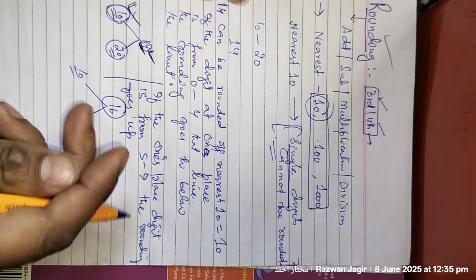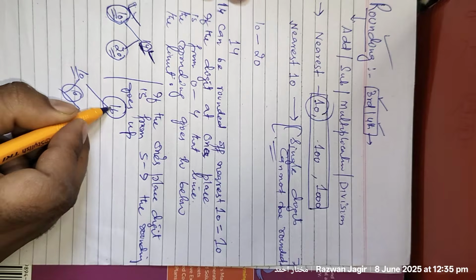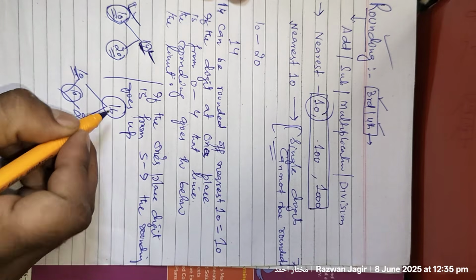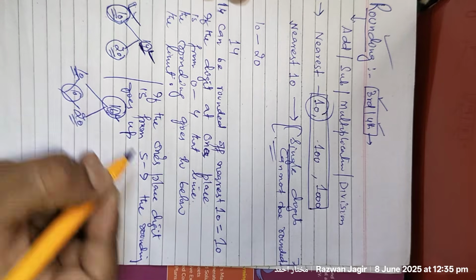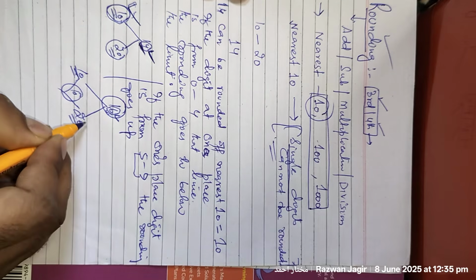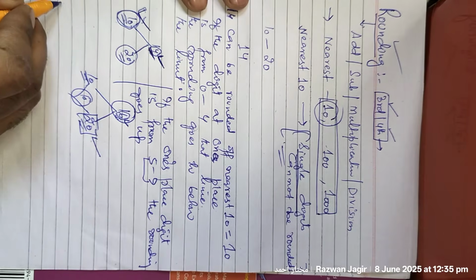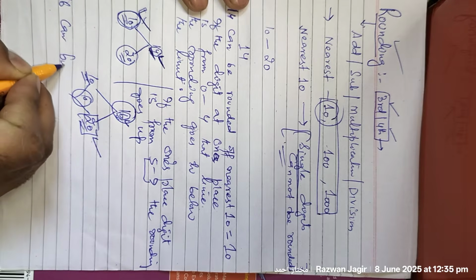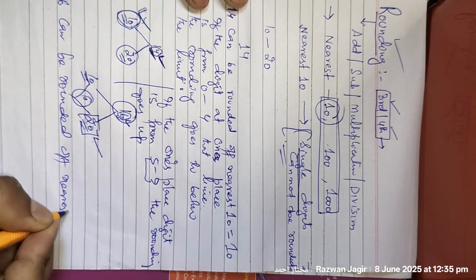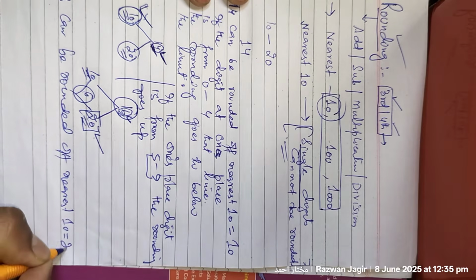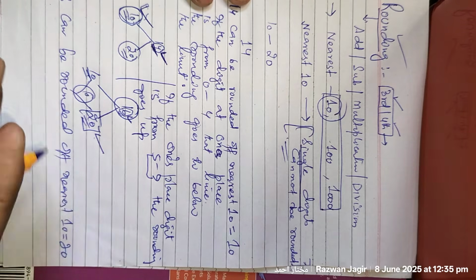We are rounding tens, which means the gap between these two numbers must be 10. Now we have to check the ones place. In ones place there is a 6, and for 5 to 9 the rounding goes up. So it means we have to choose the upper number. So we can write here that 16 can be rounded off nearest to 10, and the answer will be 20.